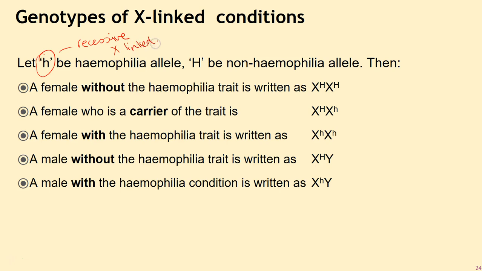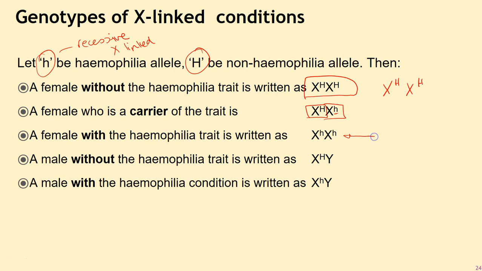Okay, so we're going to give it a small letter h, and then the dominant trait, which is non-hemophilia, will be a capital H. So a female who does not have hemophilia and is not a carrier will be X with the capital H on both of her X chromosomes. A female who is a carrier will be X with a capital H on one chromosome and the lowercase h on the second chromosome.